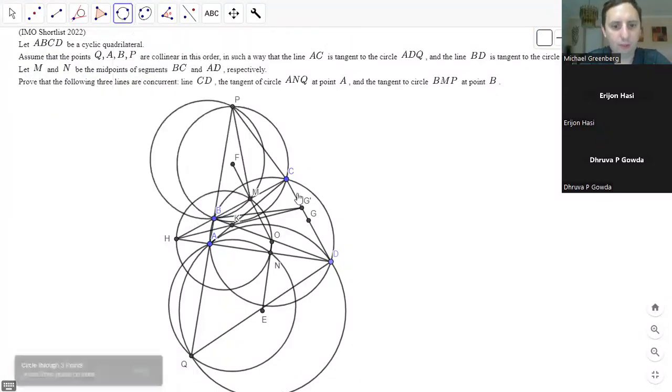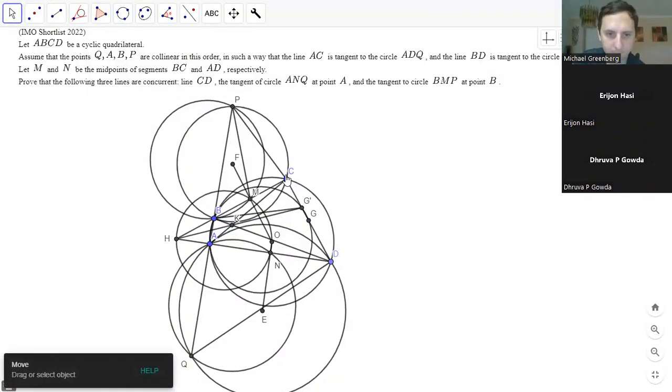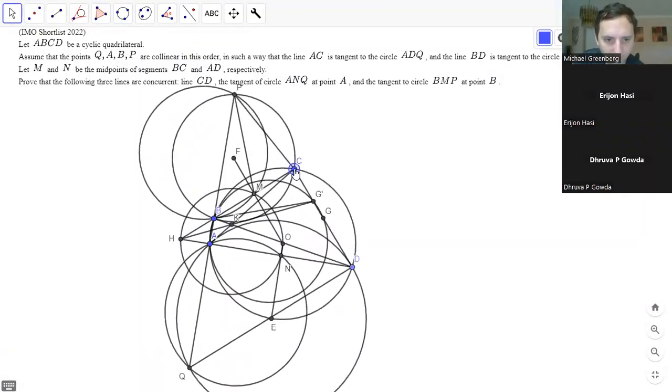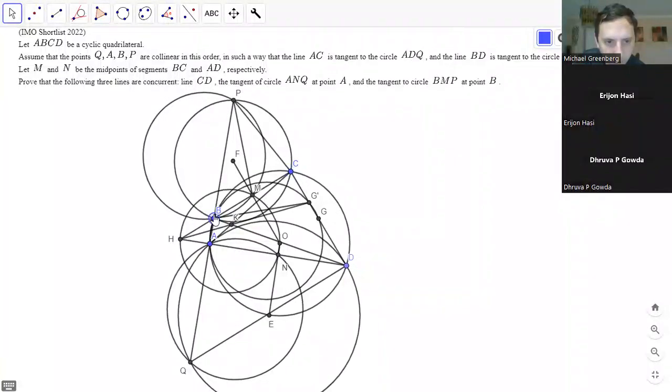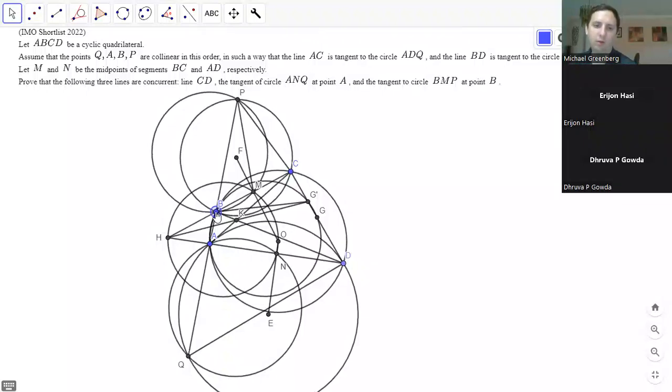So maybe GG prime MN is cyclic. No. But maybe GG prime AB is cyclic. Yeah, that looks true. So we could even define G prime that way if we wanted to. Yeah, let's see what works.